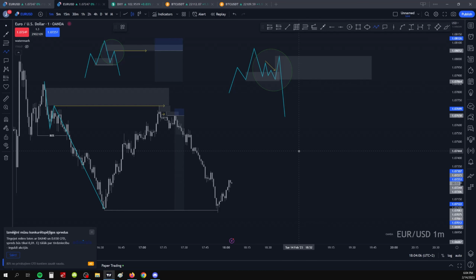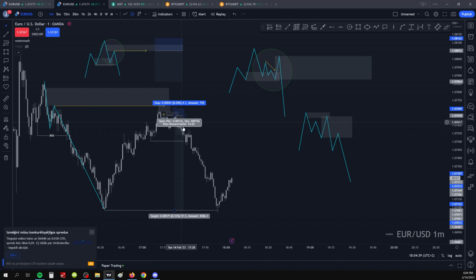Again, we take out the inducement, we will go down, we create liquidity, we mitigate the high, we break down, we mitigate the candle that took out liquidity, and we go down. So I don't need this to be broken. As you can see, this would have taken ages and you would have missed your entry.